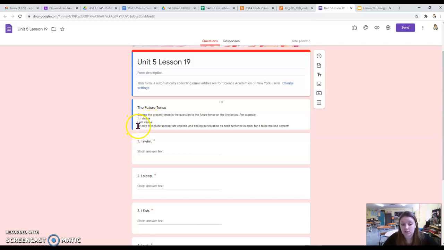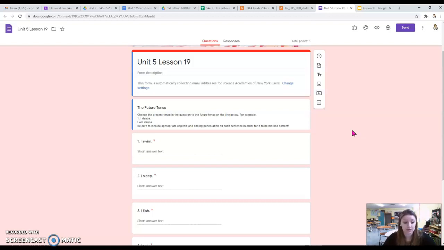It says be sure to include appropriate capitals and ending punctuation on each sentence in order for it to be marked correct. Meaning, if you do not capitalize the I at the beginning of your sentence, it will be marked wrong. If you do not include a period at the end of your sentence, it will be marked wrong. If you spell the word incorrectly, it will be marked wrong.